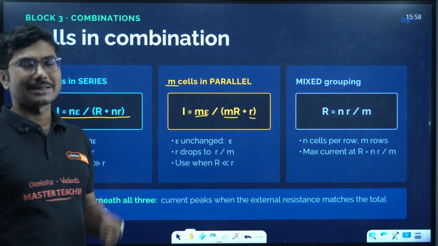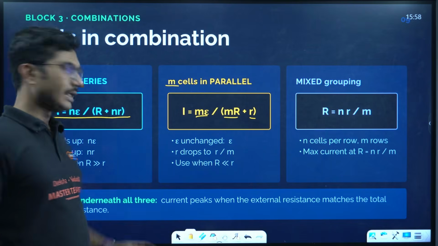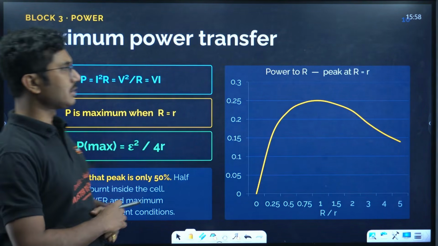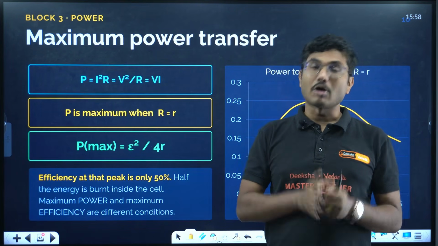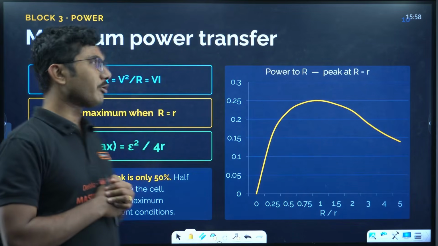The current is maximum when the external resistance is exactly equal to the internal resistance, and that brings out maximum power transfer in a cell. These are all important points for objective questions.